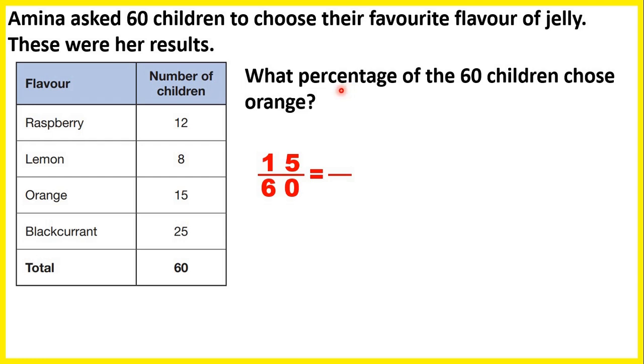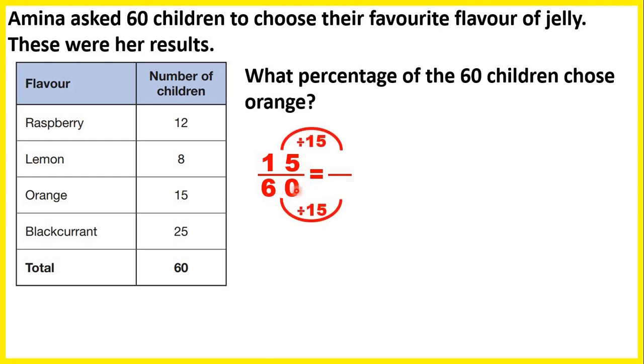But we need to remember that a percentage is a fraction with a denominator of 100. But 100 isn't a multiple of 60. We can't multiply 60 by a whole number to get 100.